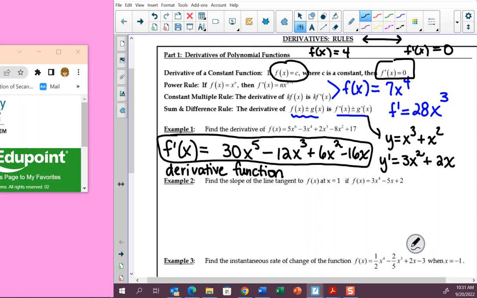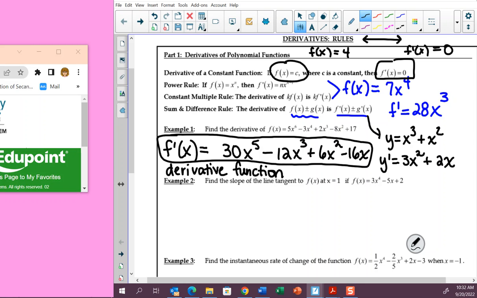If it says, hey, given f of x equals this, find f prime of x, this means I want the derivative function. I want what you would get for the derivative in terms of x. I want what you would get if you ran the limit definition of the derivative with x.